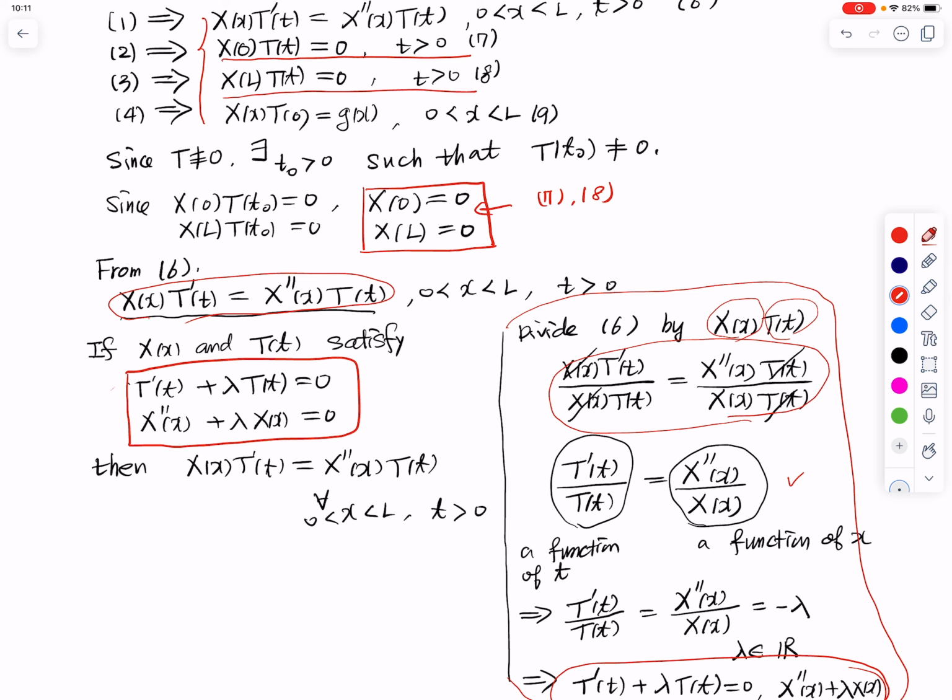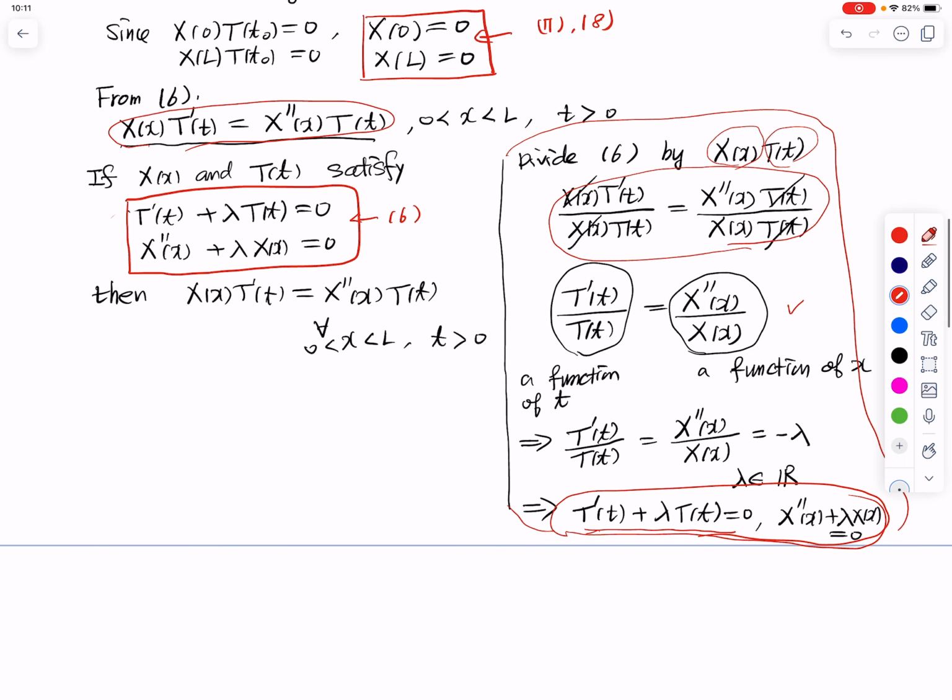From equation 6. So you see, this is easy to prove. Once T satisfies this equation, this is proved. So from previous calculations, what we obtained is this.